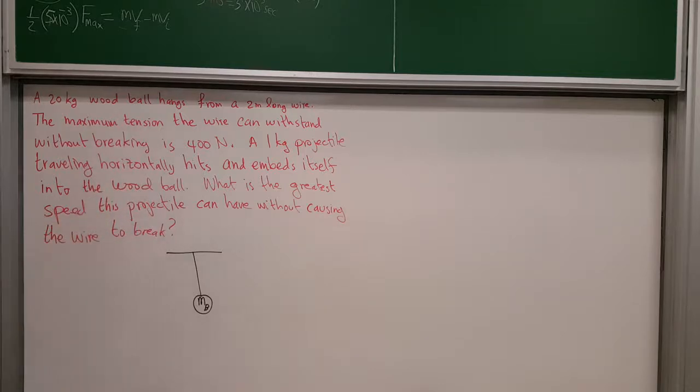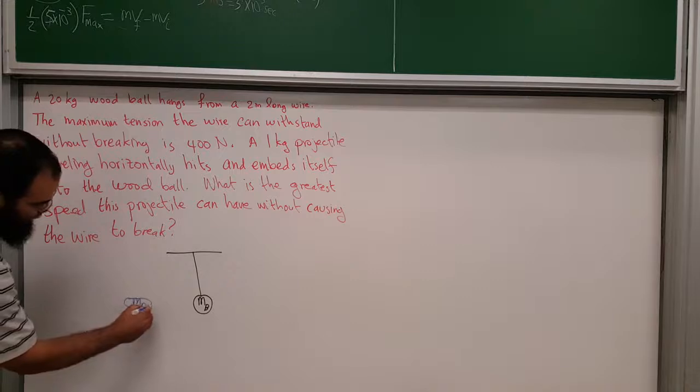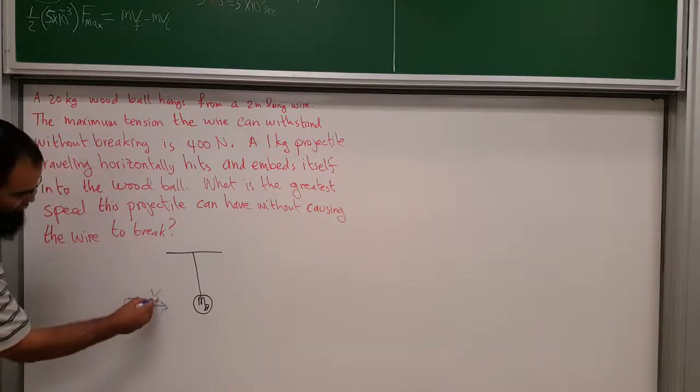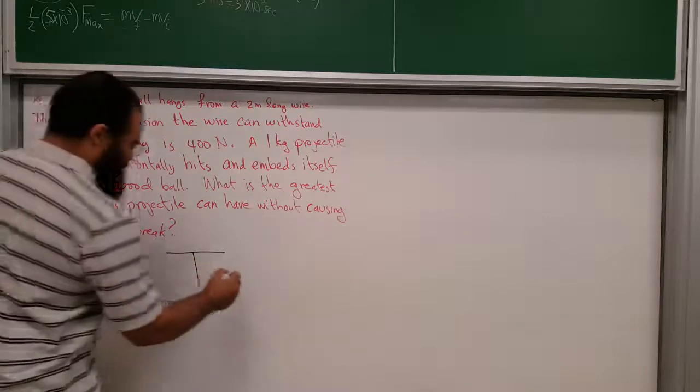Now, a 1 kilogram projectile traveling horizontally hits and embeds itself into this. So here's the projectile, let me call it MP for projectile. It comes in with some speed, V initial. So it hits this and embeds itself into it.